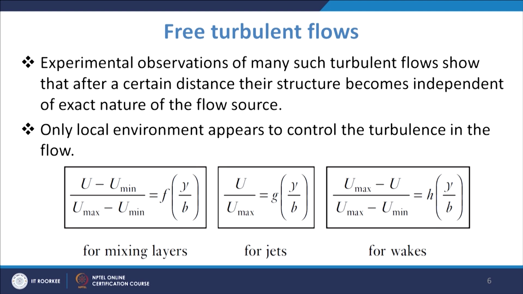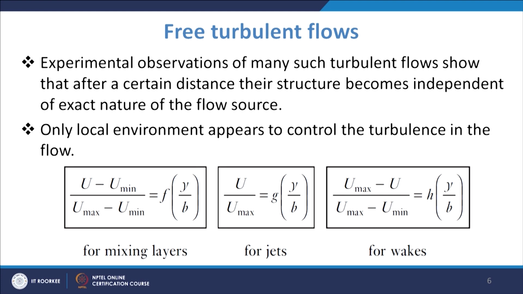Here u max and u min represent the maximum and minimum velocities, at a distance y and at a distance x downstream. Accordingly you will have u by u max.